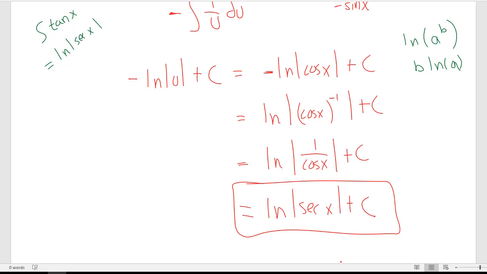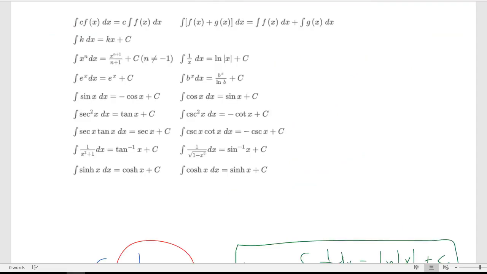Now just like in the textbook, usually the reason we do this integral as an example is that we're going to add this to our quote-unquote known integrals. So what we would really want to do here is go back up to our table and add this in as one of the results. So I'm going to do that real quick. I'm going to scroll up, and I am going to add on to my table that the integral of tan x dx is ln of secant x plus c.